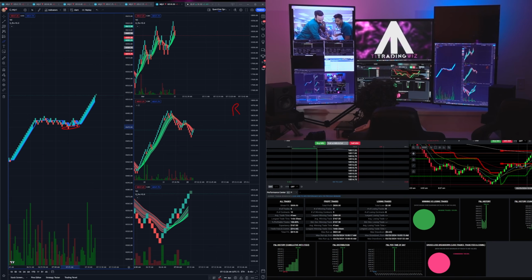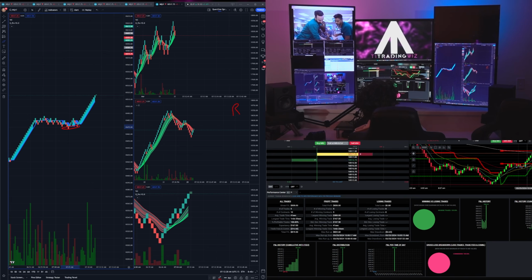If this comes down and it's no longer respecting the 21, get out. So you're risking maybe 50, $100 if you had a really good entry, or $300. If you would have held it all the way to the 200 moving average here, that probably would have been another $1,000 right there.